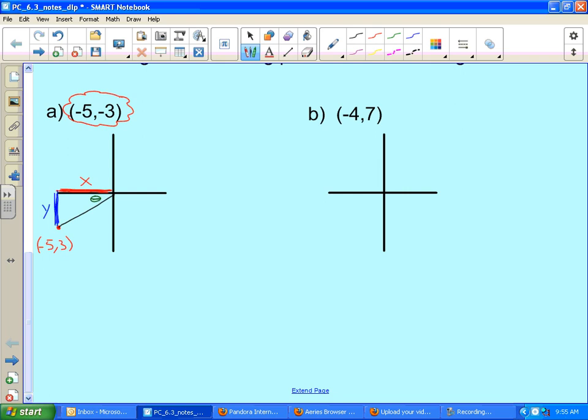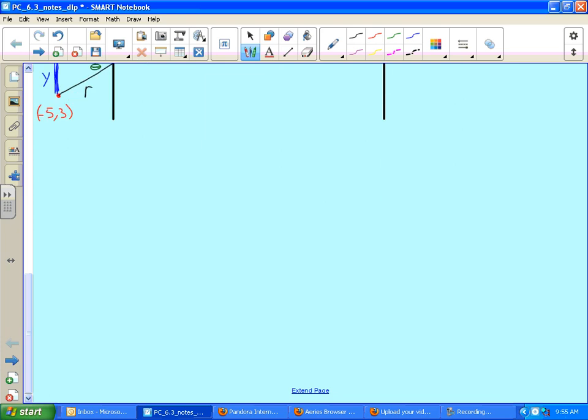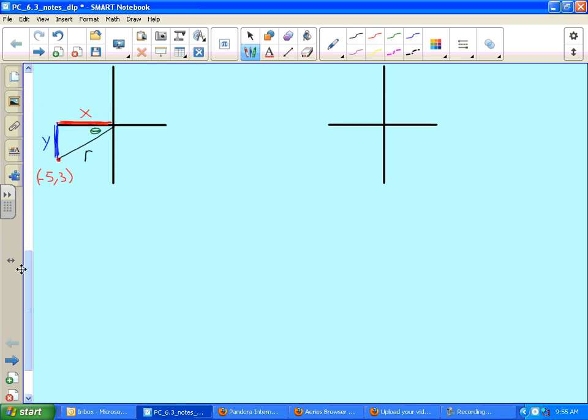What do we do to find the missing third side of the triangle? Pythagorean theorem. We're going to use good old Pythagorean theorem, and that would mean we've got a -5. The negative is really not important here.